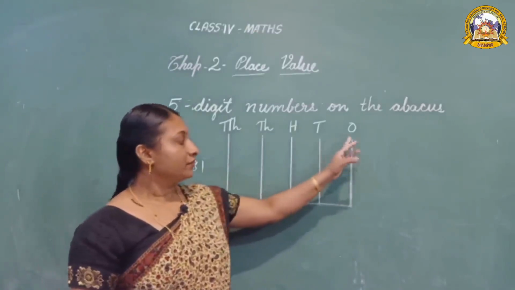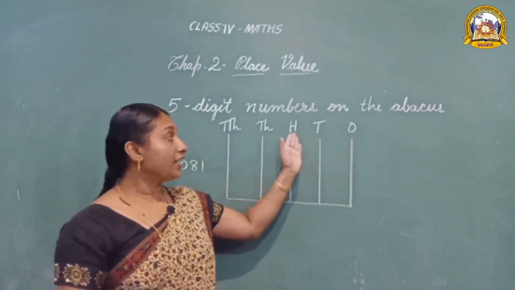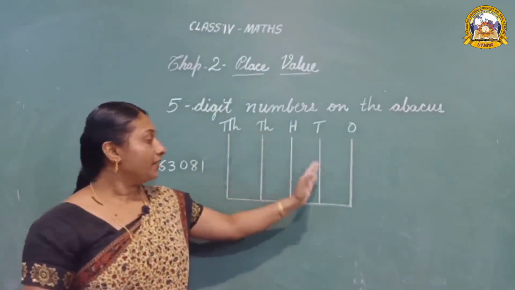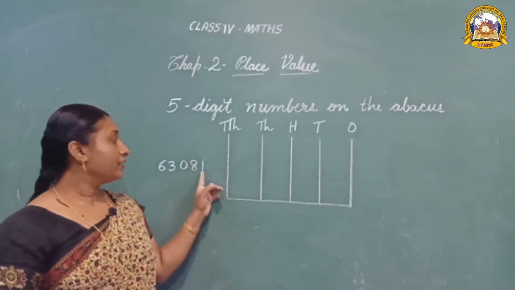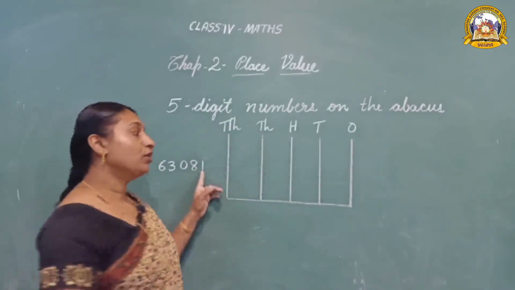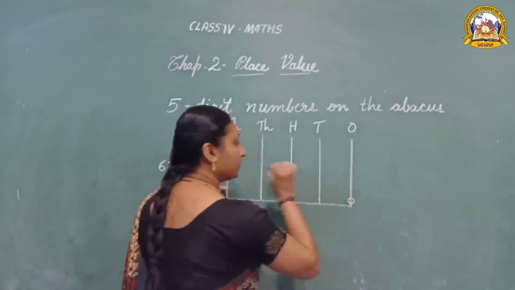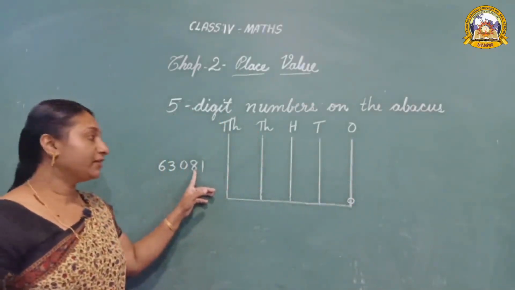Look here. The order: ones, tens, hundreds, thousands, 10,000s. Next, how many ones are there? 1. So, let us give one bead here. Next, how many tens are there?